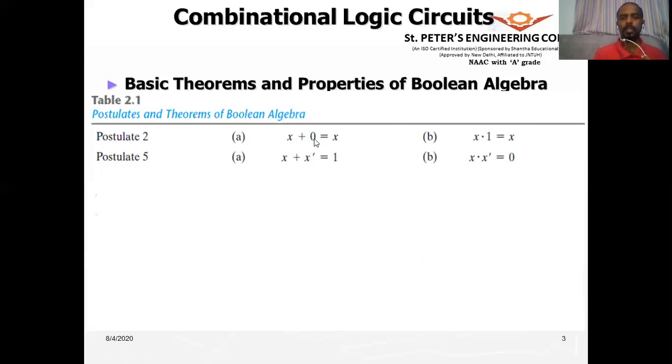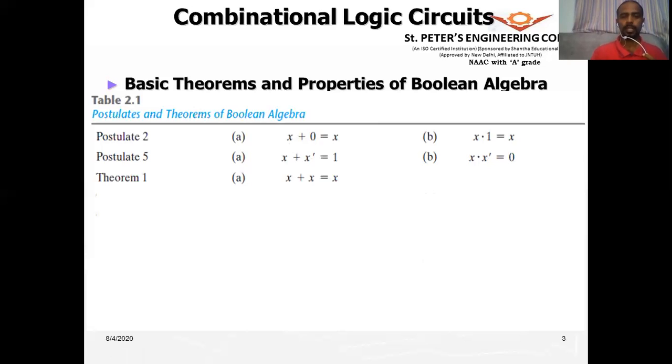Now here, from the first postulate, 0 ORed with any variable will be the variable itself, and 1 ANDed with any variable will be that variable value. Any variable ORed with its complement will be equal to 1, and any variable ANDed with its complement will be equal to 0. So these are the two postulates we have looked into.